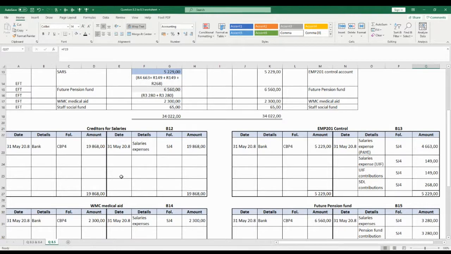You can just indicate in the chat function, are you okay with what we've done now, yes or no, or is there anything specific that I need to re-explain? Okay, I see Michaela is fine. What about the rest of you? Are you okay with what we've discussed? Are you happy with it? Rafilwe says it's fine.